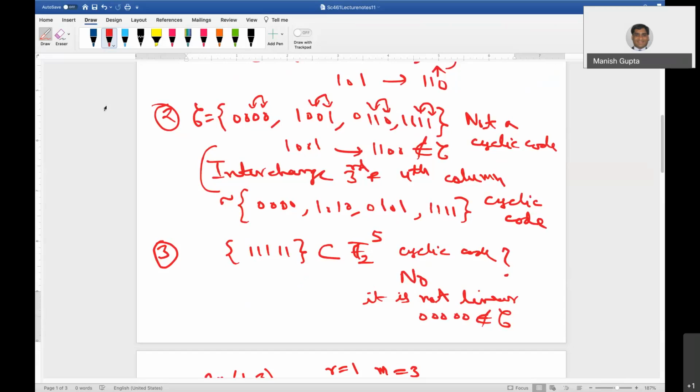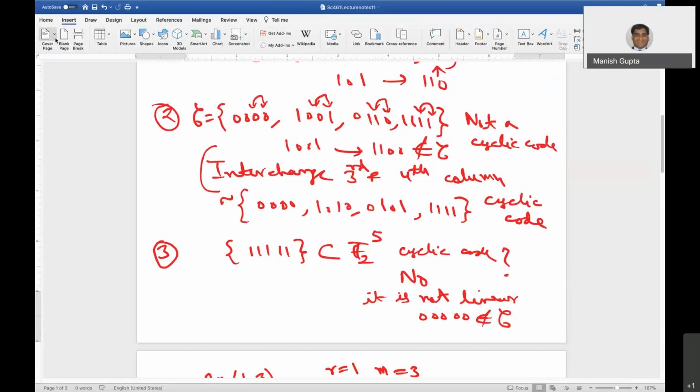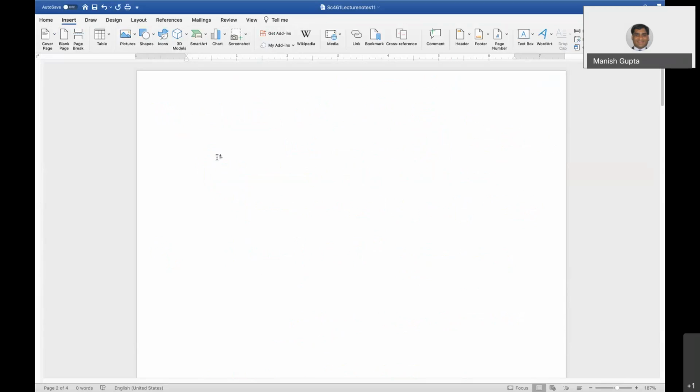Similarly, fourth, we take 0112, 2011, 1201, and 1120, a subset of F3 raised to power 4.